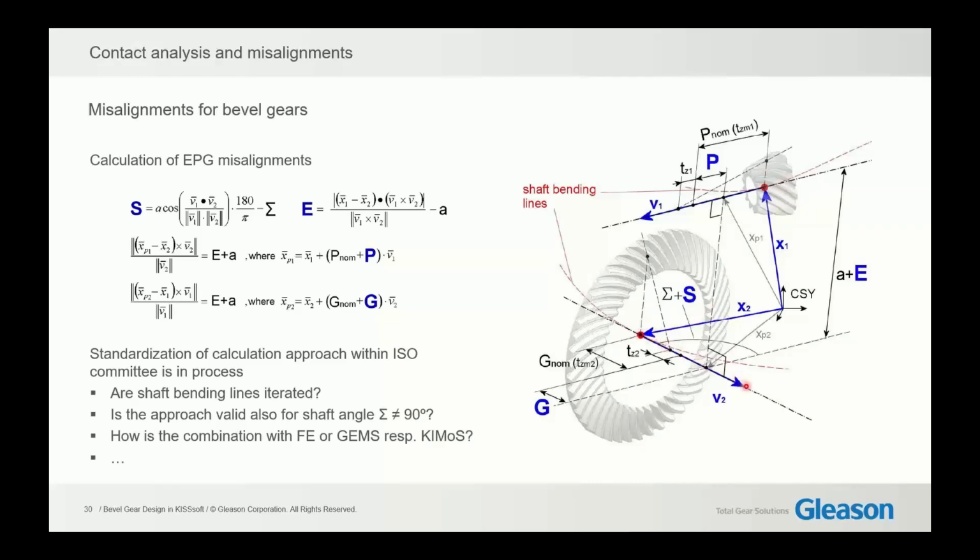Also here a vector is placed, and then out of these the EPG misalignments are calculated. For example, for X-center, or in the nomination of Klingelnberg, the V displacement, this is the shortest distance between these two vectors.